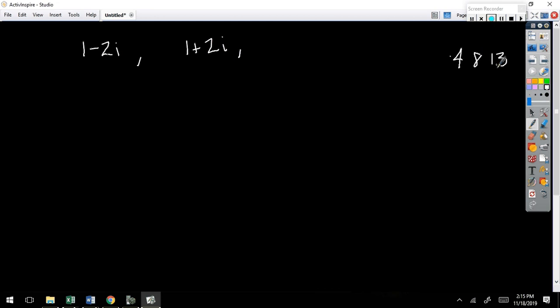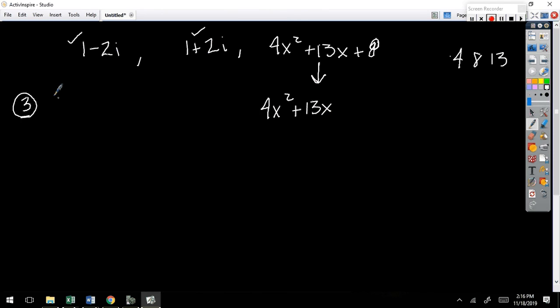Okay, so now what I'm going to do, these don't have any x's in them, I'm good, right? Those are zeros. So now what I want to do is say, okay, well, when does this equal 0? So I think this is step 3. We're going to set all factors to 0 and solve.